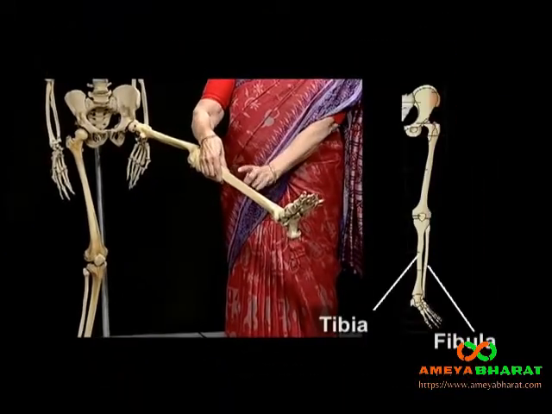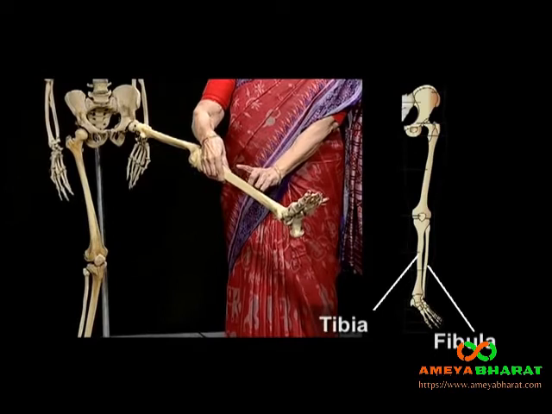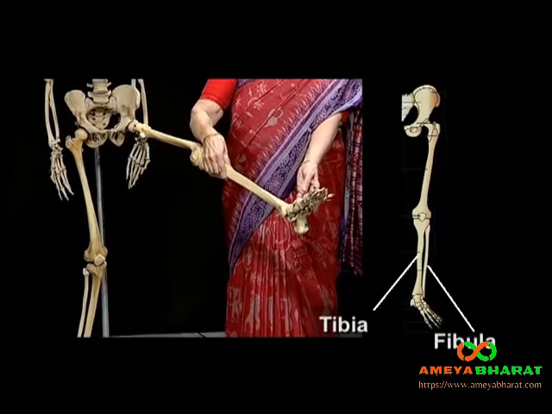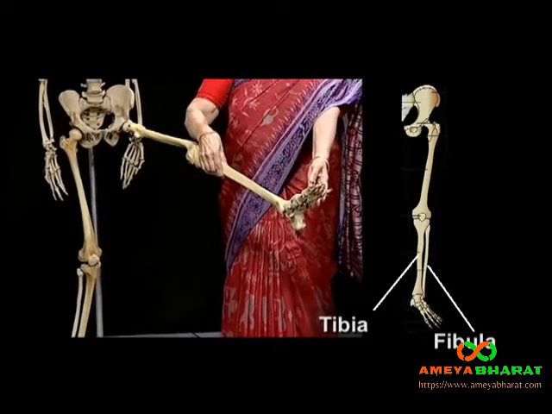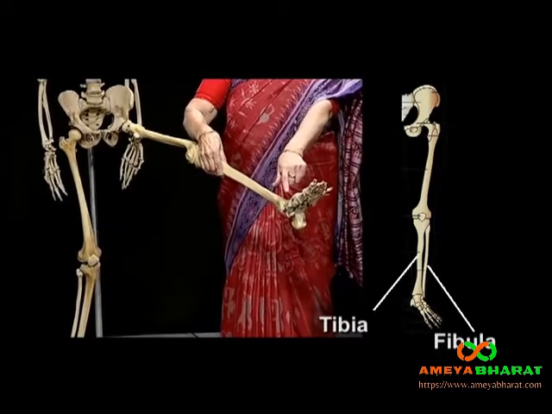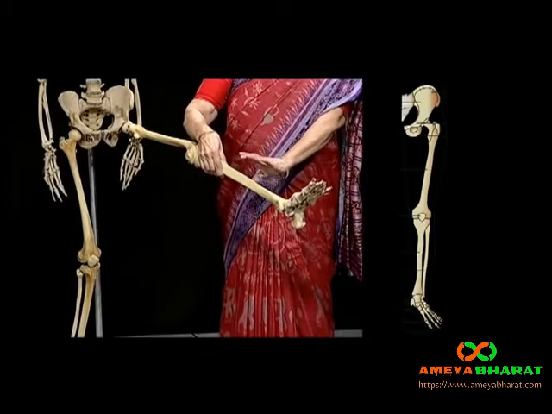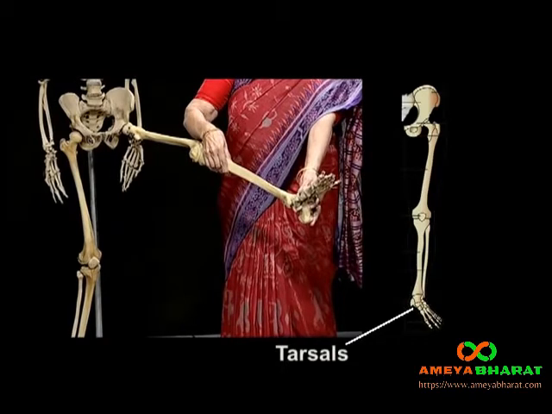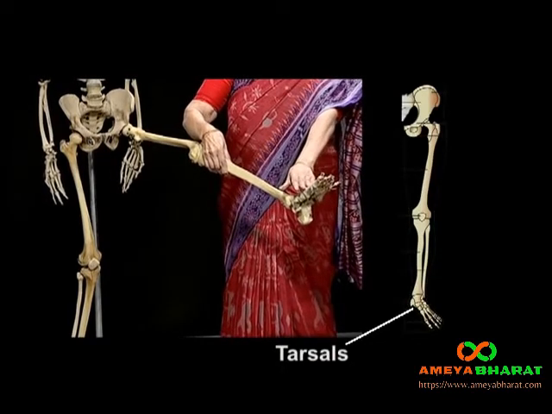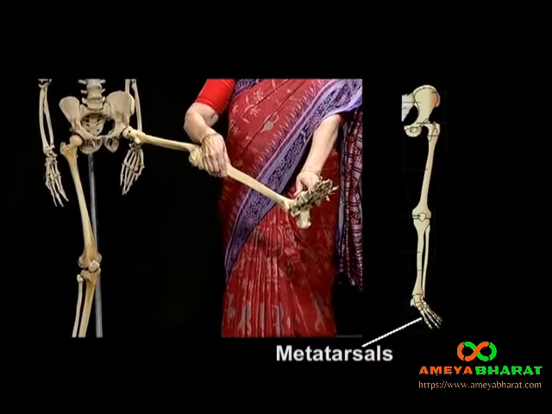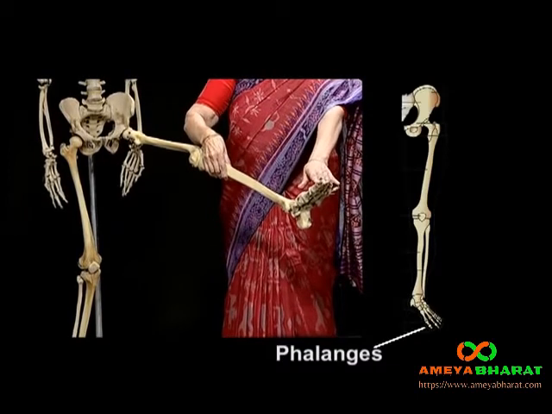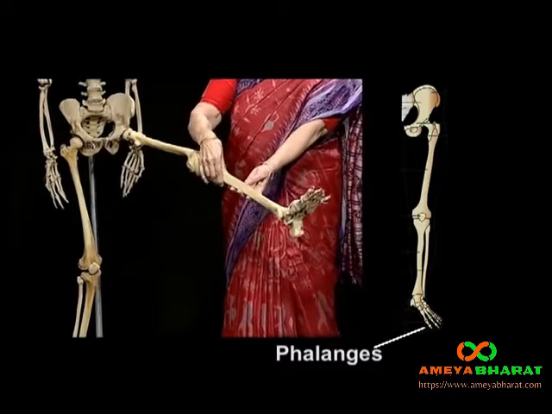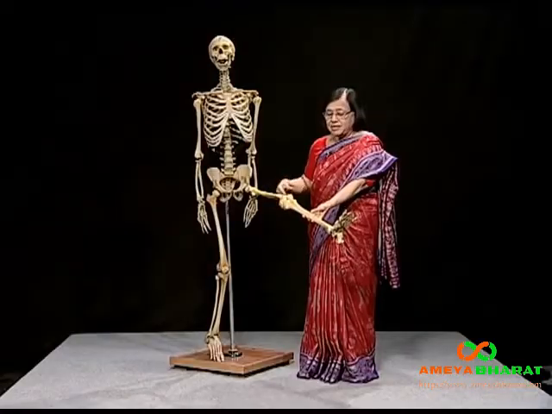The fibula is feeble, small or weak, the length is equal, but otherwise it is thin, and it is also towards the small toe, and this is towards the big toe. Similarly, like in the forelimb, it has 8 tarsals, then 5 metatarsals in the feet, and then 14 phalanges or digits. That makes it 30. So, the leg also has 30 bones.